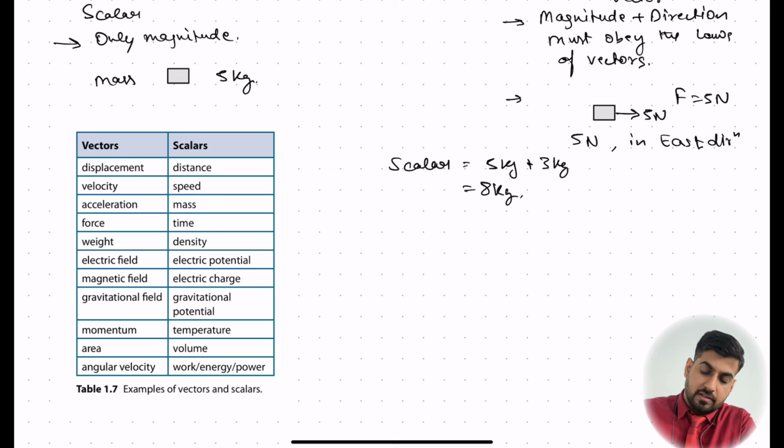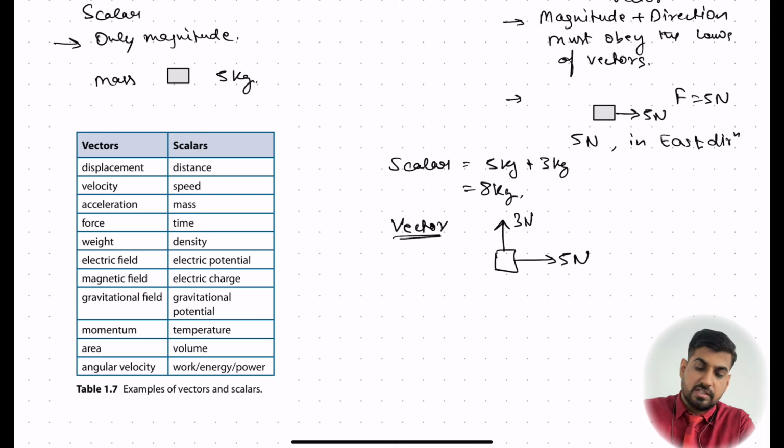But if I take a vector quantity like force, which is a vector quantity, let us say 5 Newton is acting in this direction and 3 Newton is acting in this direction, you cannot just add 5 plus 3 because the directions are different. How to solve these things, we are going to discuss, and this is the most important part. What will be the resultant force acting on this object? That is what we have to look at.